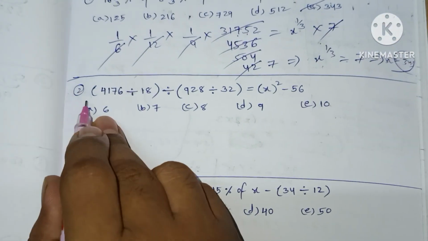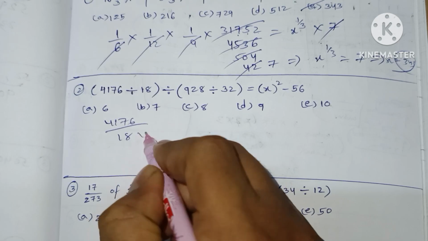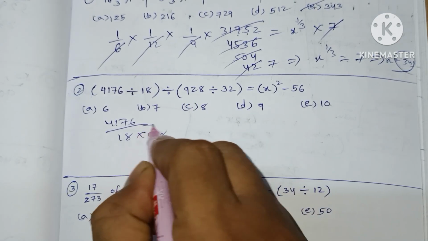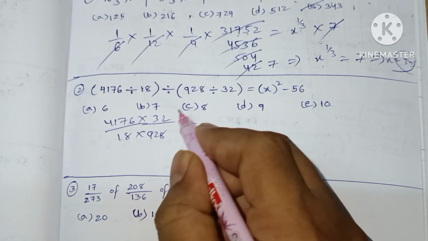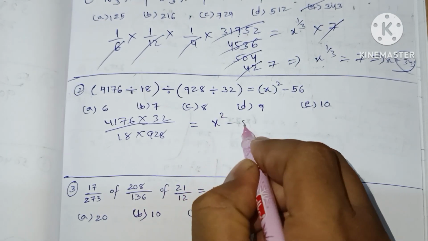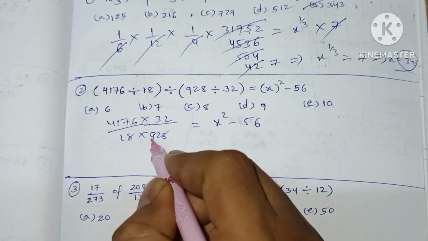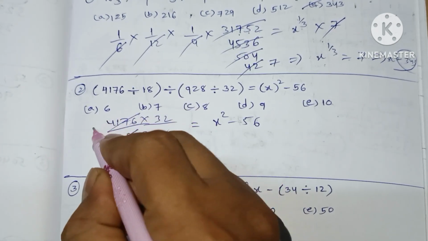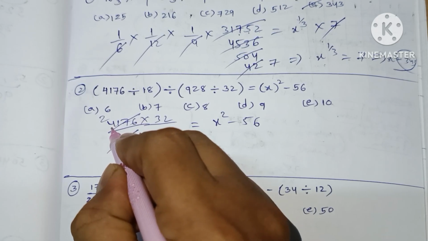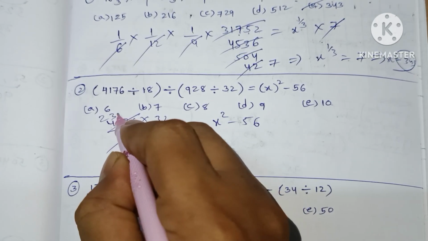Next, here this is 4176 divided by 18, and this 928 here, and then this 32 on the top equals x square minus 56. Here 18 2 times 36 and 3 times and 2 times.